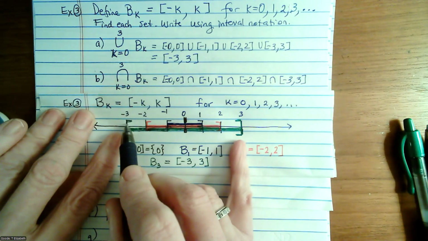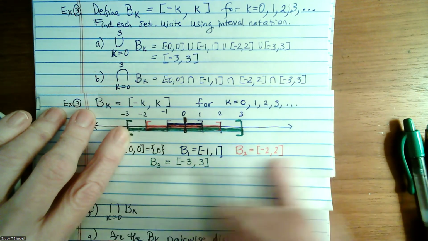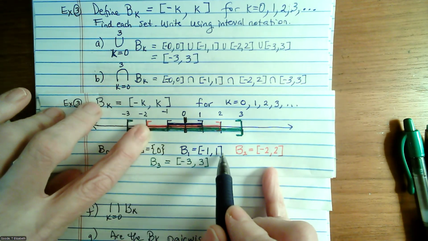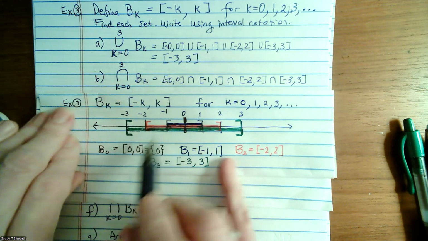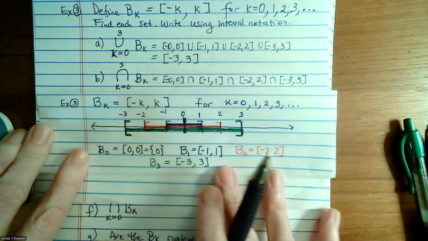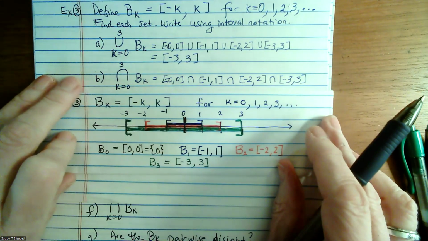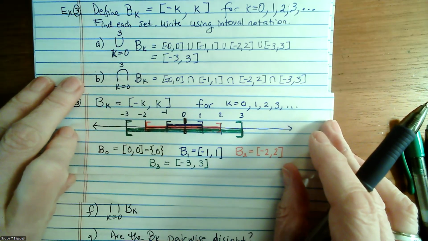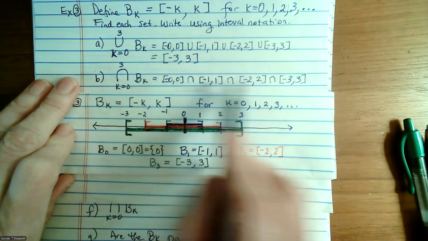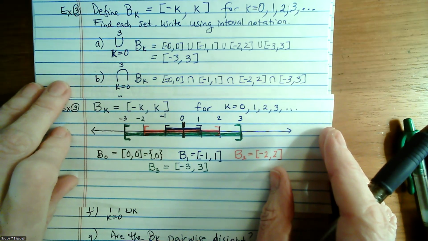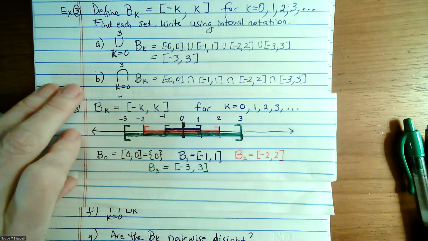Like negative 3 is not in B sub 2, and negative 2 is not in B sub 1, right? And negative 1 is not in B sub 0, right? So what, if any, real numbers are in all 4 of these? 0. Yep.